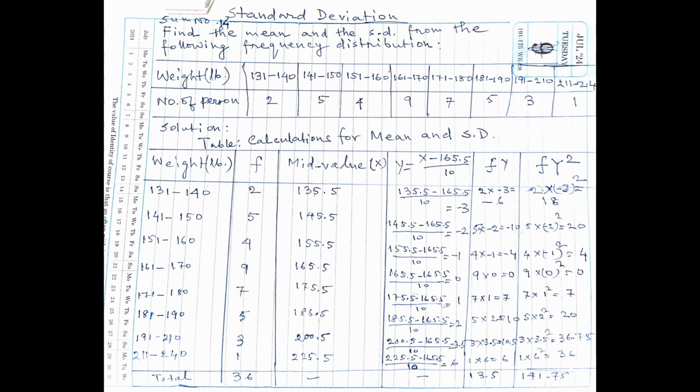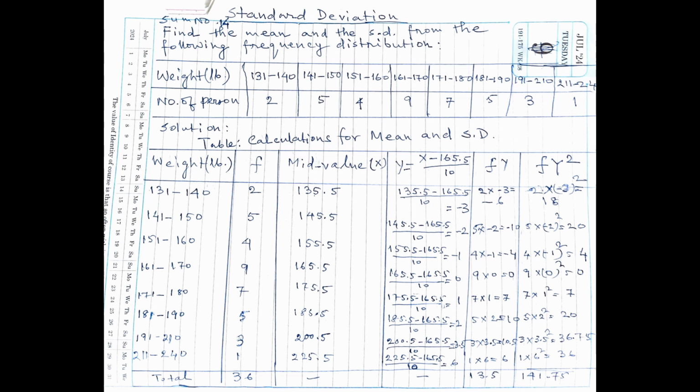Solution. I have made a table for the calculation of mean and standard deviation. I have made 6 columns to represent the data and for the calculation of SD.